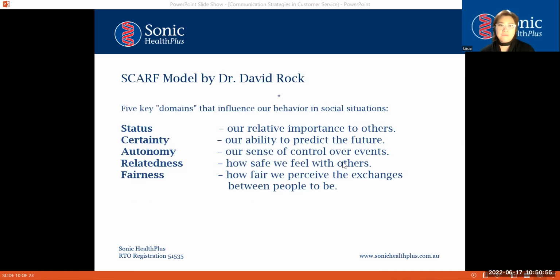SCARF has 5 key domains. The idea here is that each person has a priority list of what absolutely motivates them. This is linked to what they value or what is important to them. Each person is very different. And how do we know that?